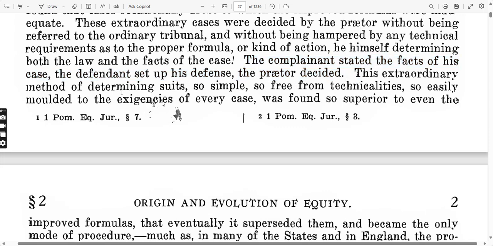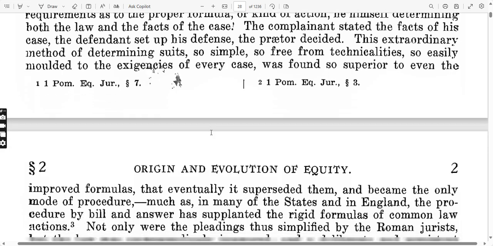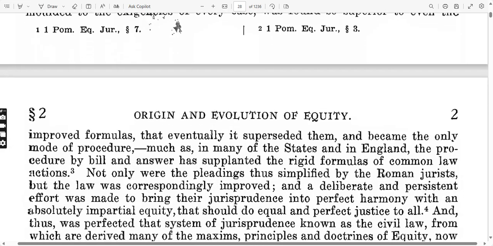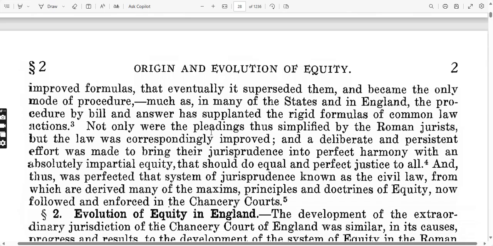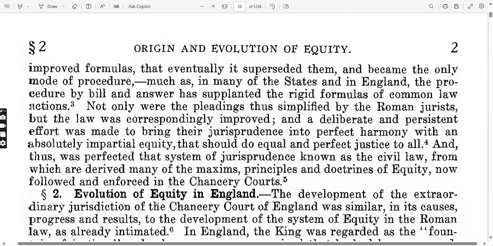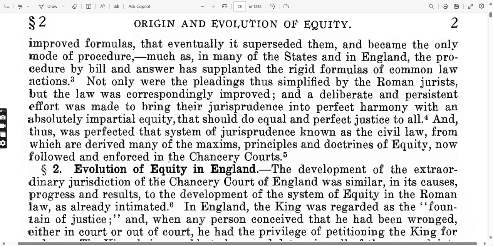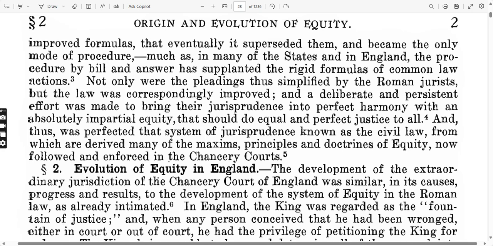This extraordinary method of determining suits, so simple, so free from technicalities, so easily molded to the exigencies of every case, was found so superior to even the improved formulas that eventually it superseded them and became the only mode of procedure, much as in many of the states and in England, the procedure by bill and answer has supplanted the rigid formulas of common law actions.